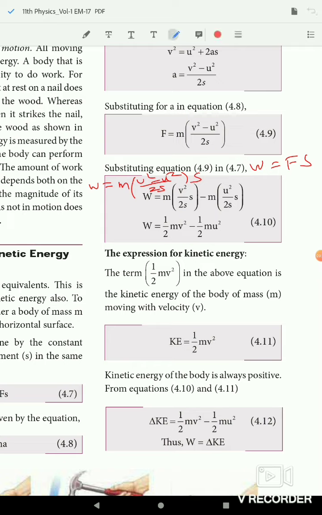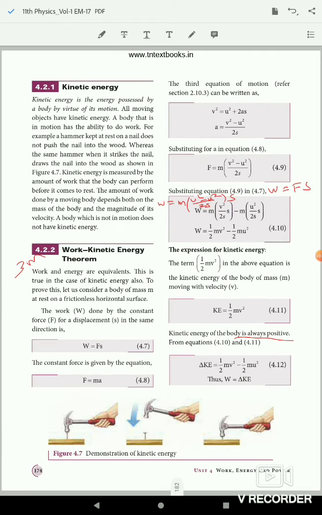Underline this one, it is always positive. So delta E equal to delta Ke, that means the change in kinetic energy is equal to half m v square minus half m u square, which is equal to W. So W is equal to delta Ke. Do you understand this one? I think you understand this.